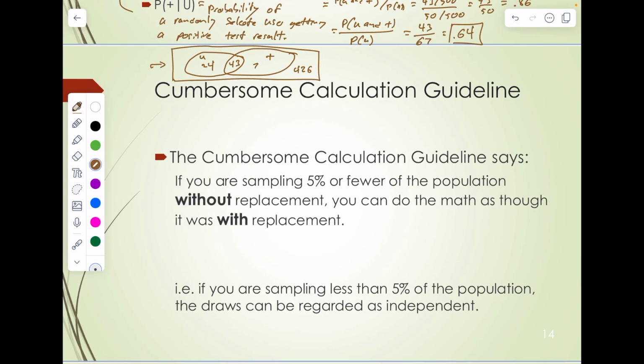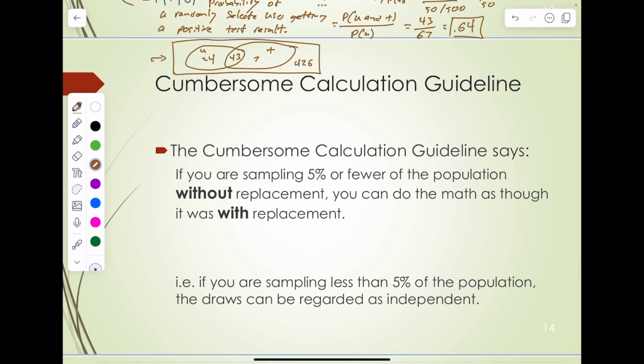Cumbersome calculation guideline. The cumbersome calculation guideline says if you are sampling 5% or fewer of the population without replacement, and remember, without replacement means it's dependent, you can do the math as though it was with replacement, as though it was independent.